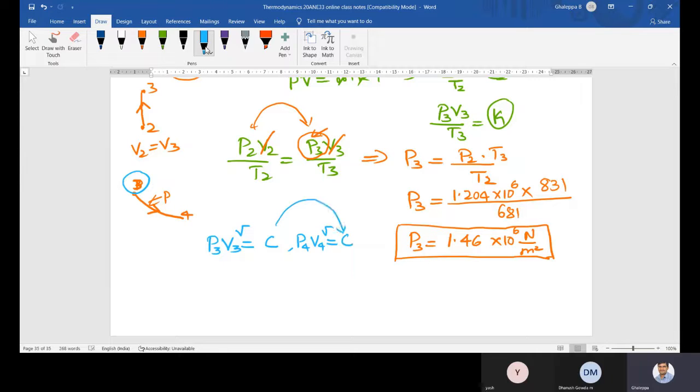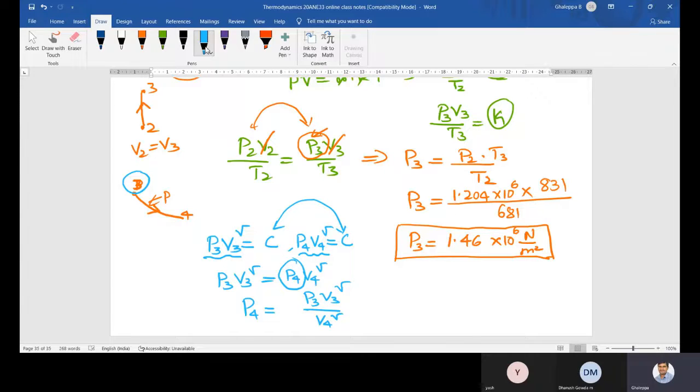On the right hand side you have some constant value, so obviously the left hand sides will be equal to each other. P3 V3 to the power of gamma equals P4 V4 to the power of gamma. Now your aim is to calculate P4, so take P4 on the left hand side and simplify the equation.